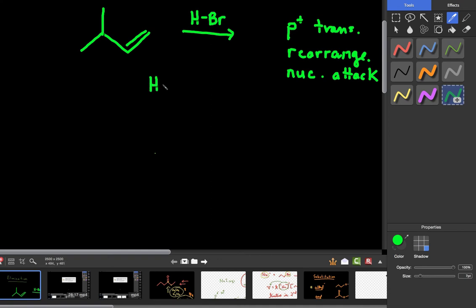So again, as in all addition reactions, the nucleophile is always the pi electrons. HBr is polarized because bromine is more electronegative than hydrogen. And of course, bromine has 3 lone pairs.